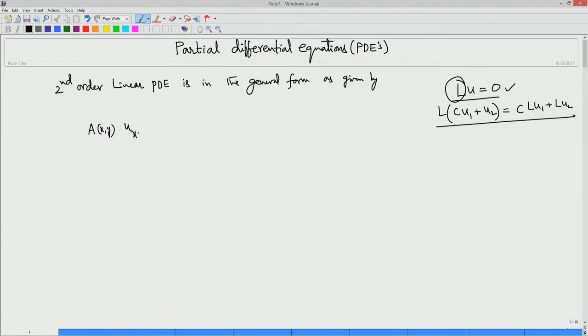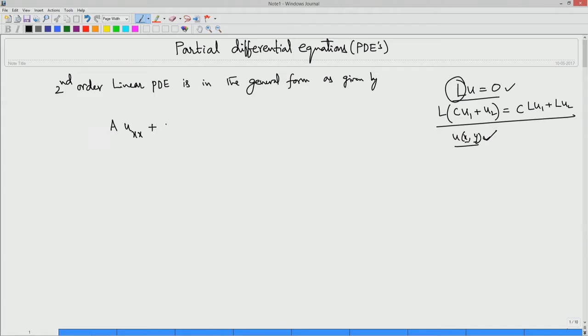So, you have two x derivatives, which I denote like this with a subscript. u is the dependent variable, u of x y, since you have two independent variables x and y. That is why it is a partial differential equation, of second order, because you have two partial derivatives, and the coefficients are functions of x y.